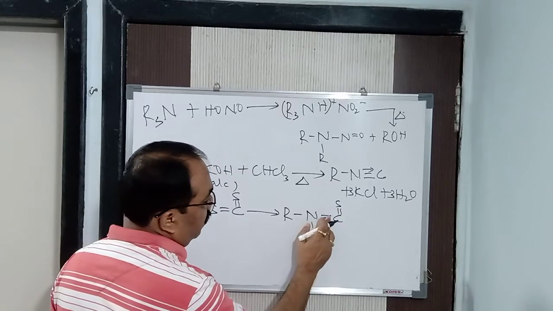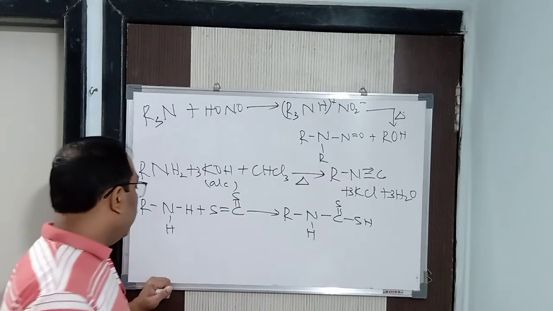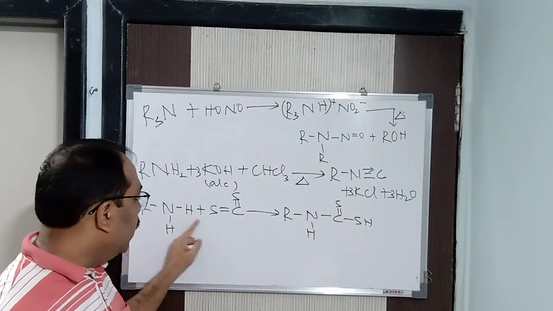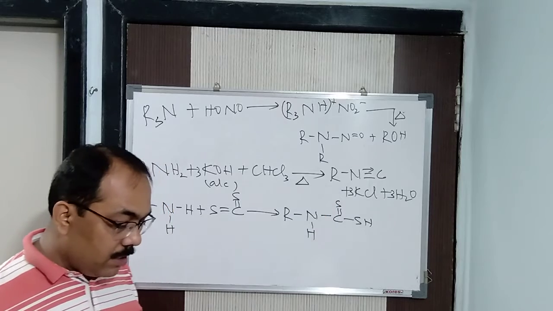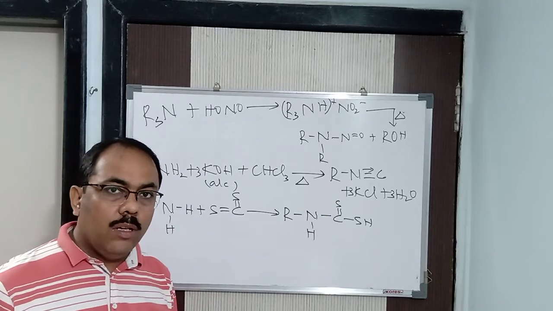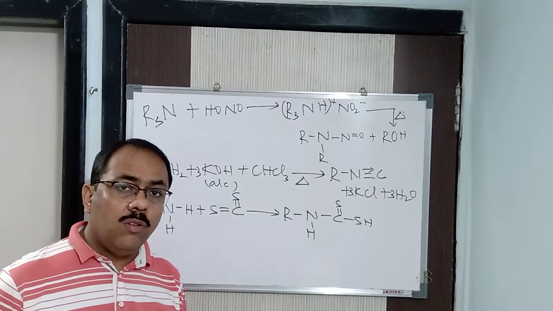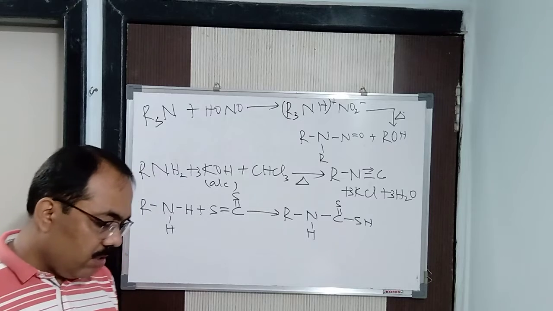And nitrogen has 3 bonds and another bond with SH, correct? So it is RNH, then you will be getting SH and C double bond S. So this is dithiocarbamic acid.